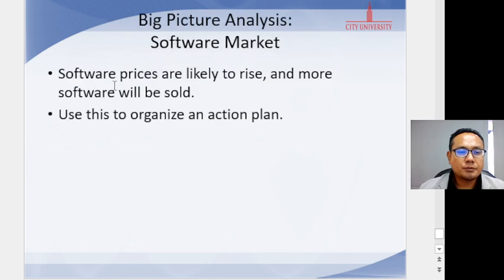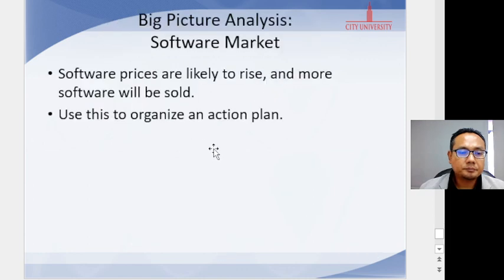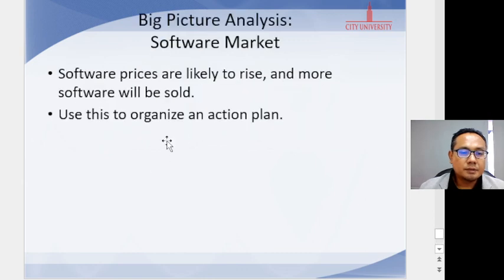So software prices are likely to rise, and more software will be sold. You can see it from here. And I use this to organize an action plan, as in scenario 1.